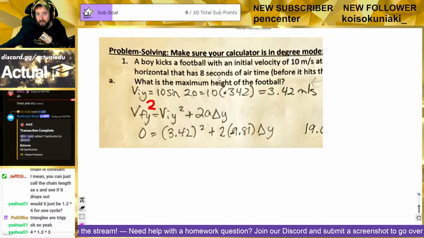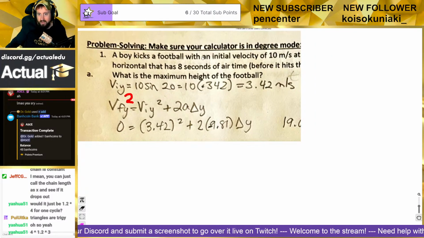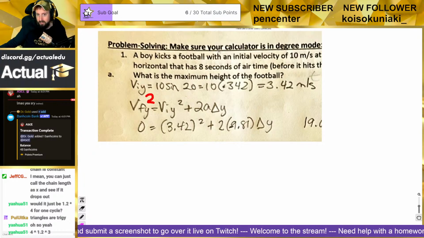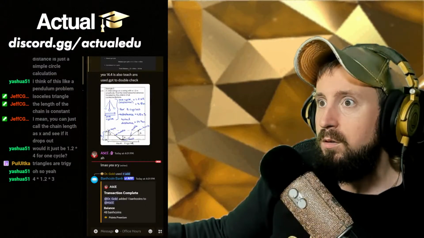So here they say a boy kicks a football with an initial velocity of this, at some angle, that has 8 seconds of airtime, right? There's more to this question. I remember.